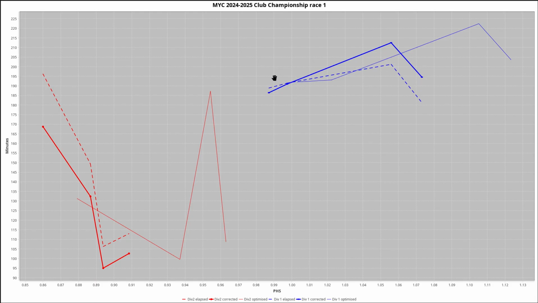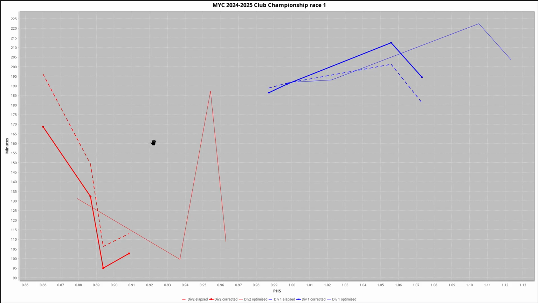You put an average line there. So something strange was happening here, with the higher handicap boats going around slower than the lower handicap boats. And if that sort of pattern persists, something's very wrong. So that's the elapsed time. The dark bold line, red for Div 2 and blue for Div 1, is what the handicap does to that.